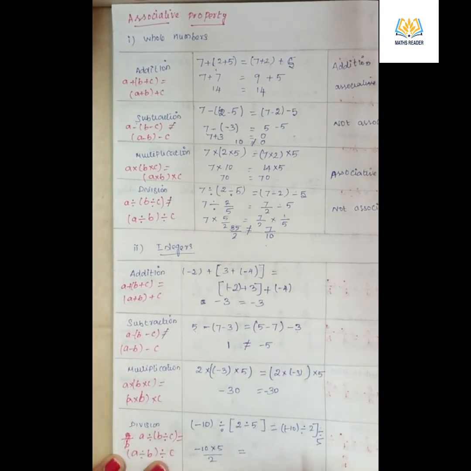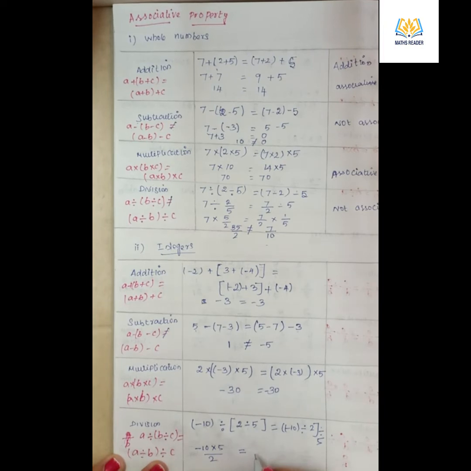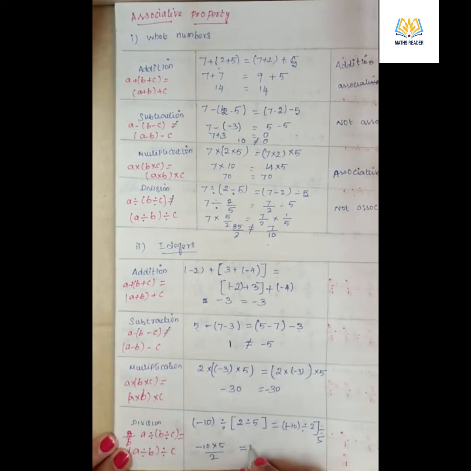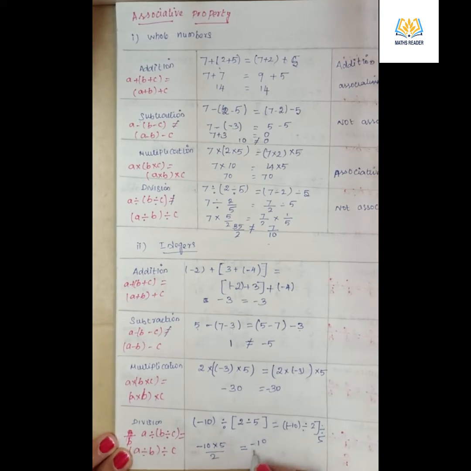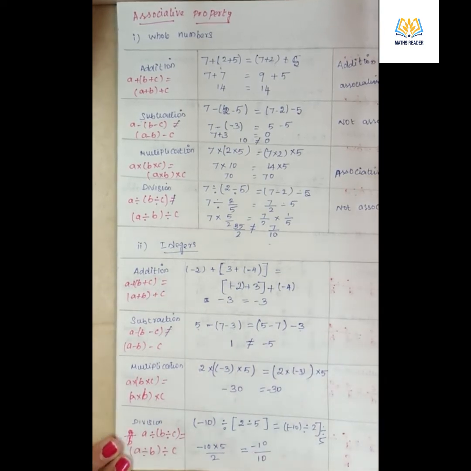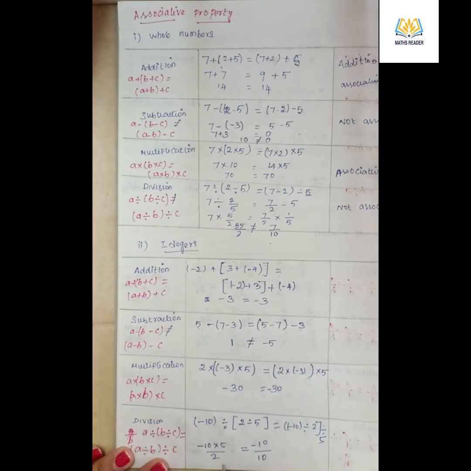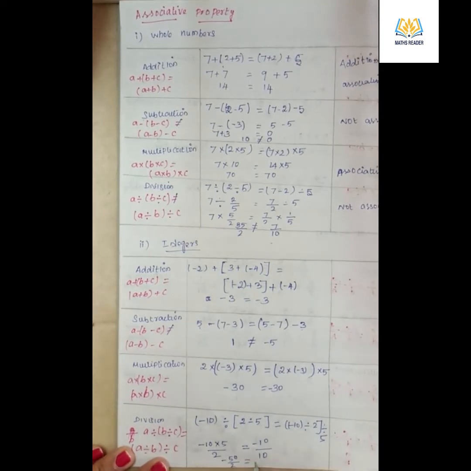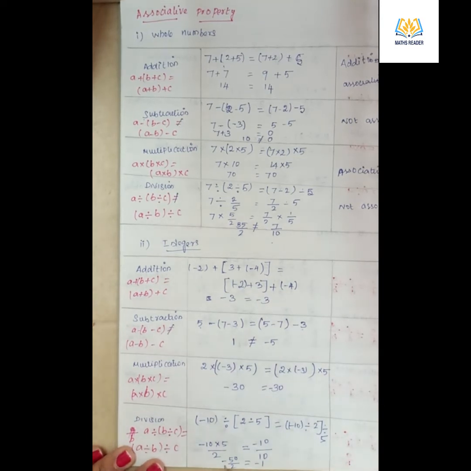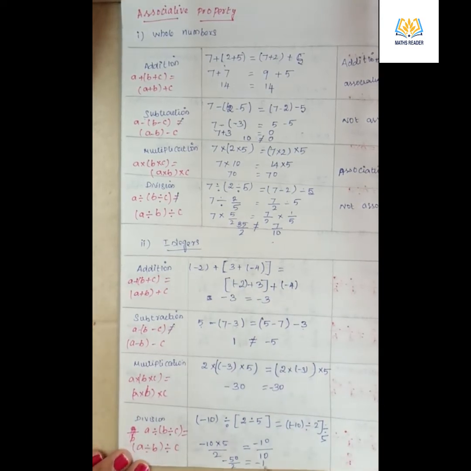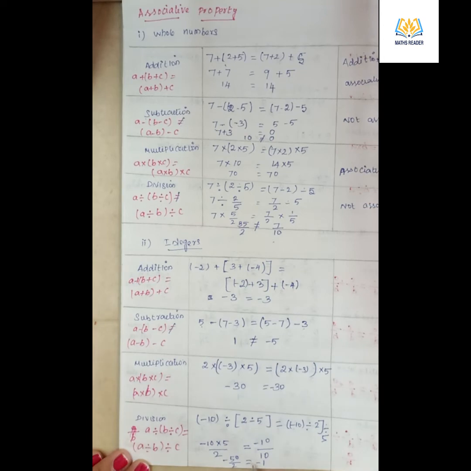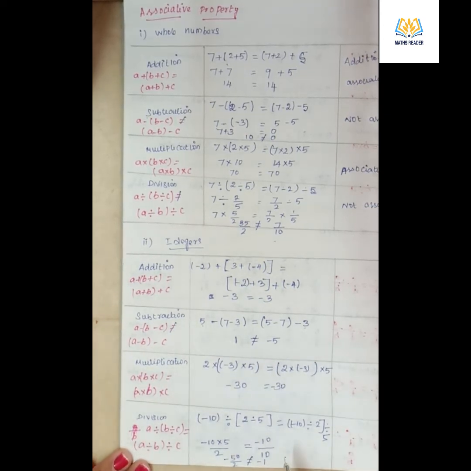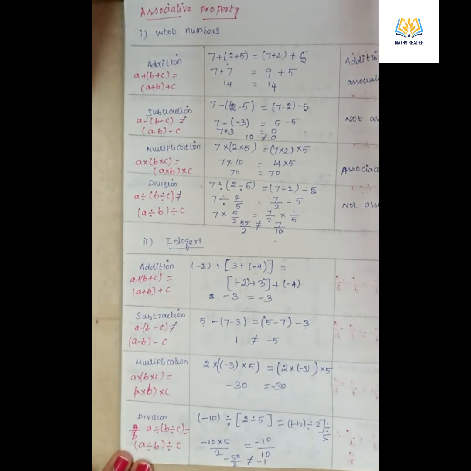This side we will get minus 10 divided by 10. So this is equal to minus 50 by 2, and the other equal to minus 1. So minus 50 by 2 is not equal to minus 1. So this condition is not satisfied. So division is not associative.